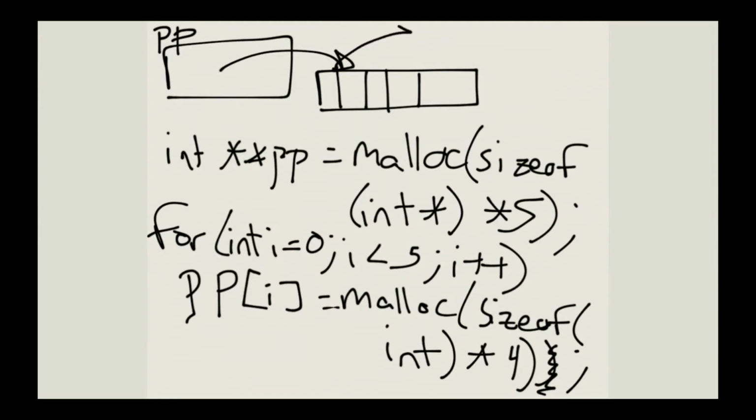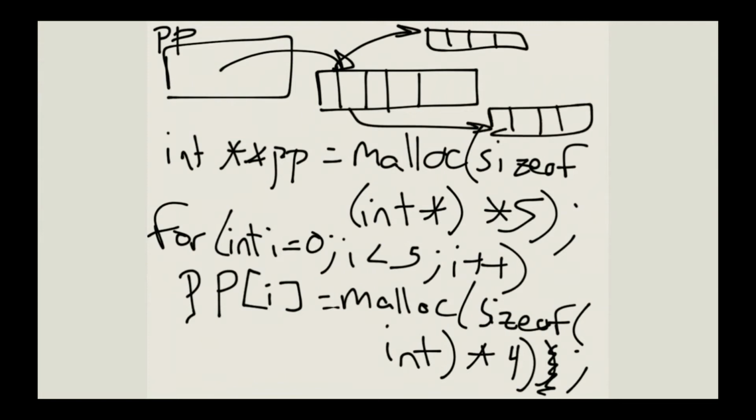So this points to 4 bytes. And this one points to a different 4 bytes. And all of them point to their own 4 bytes. So this gives me a way of doing multidimensional things. So I could say like PP[3][4]. But now this is not the same thing as multidimensional arrays.